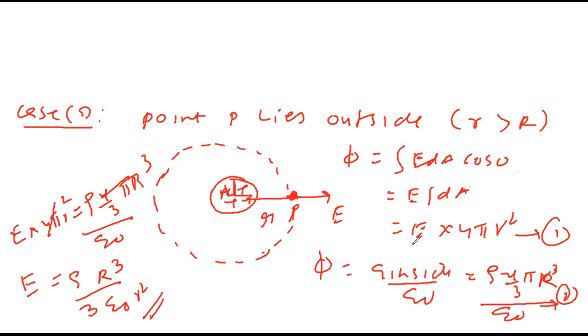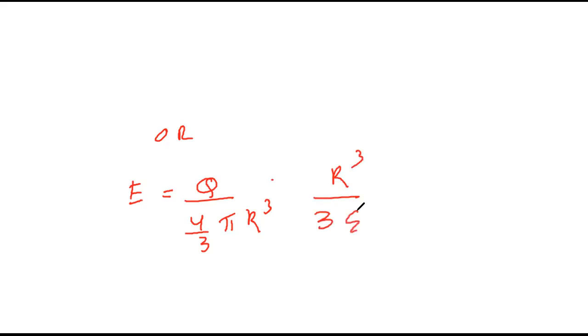Done, sir. Everybody has done? Can I clear? So we can say E equals rho, meaning charge upon volume, 4 by 3 pi R cube, into R cube upon 3 epsilon naught r square.